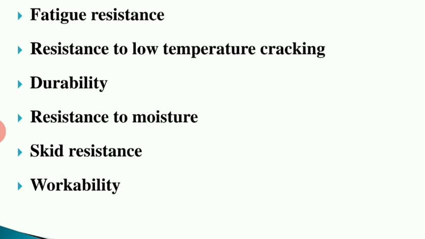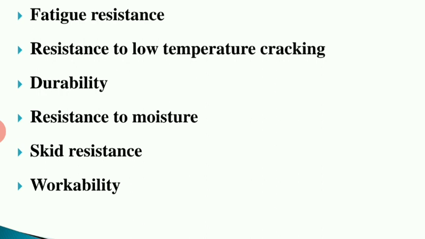For example, you may have seen on highways that most vehicles travel along a certain part of the road, where exactly the tire load is applied on the road surface, and only at that particular place can you see a little deformation, right?